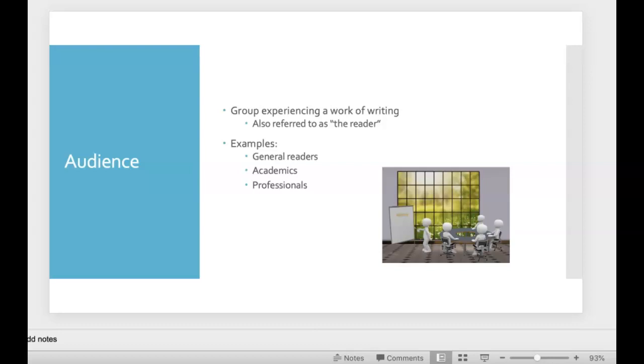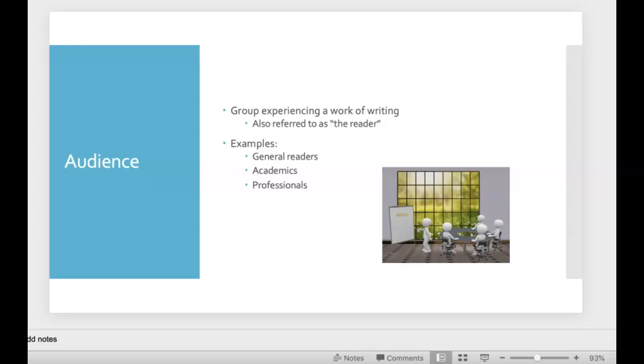An audience, however, can be a general reader. It could just be that this is meant for anybody. If something is in the local newspaper, it's probably meant for just about anybody, right? If it's a commercial on TV, the audience is meant for lots of times general folks, but not always, and we'll get to that a little bit later on. The audience could be a group of academics. If a piece is published in an academic journal, then it's probably meant for people who are in academia.